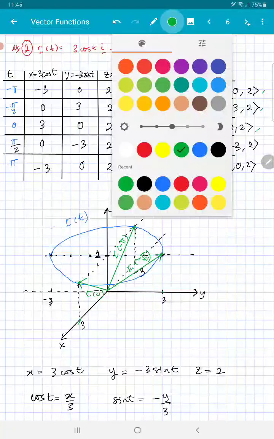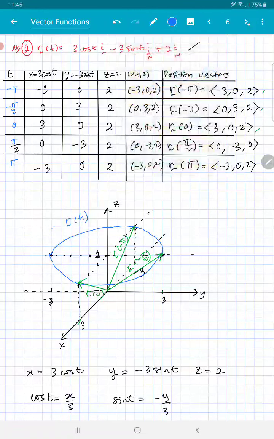Remember, the direction of our vector is the same direction as t increases. Here this is a point on the curve when t is negative pi over 2, and this is where we are on the curve when t is 0.